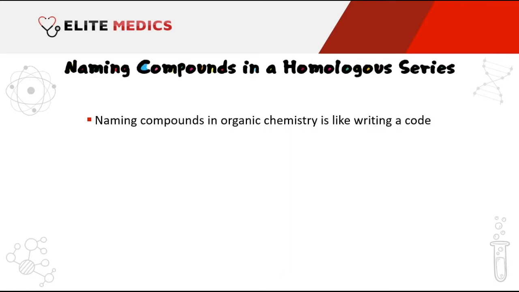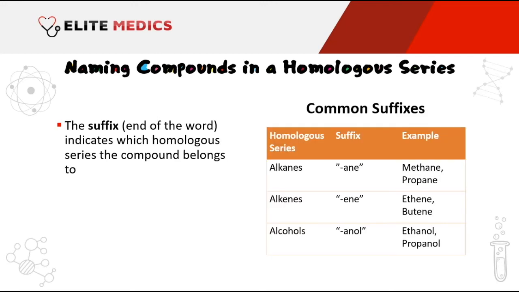Now, when we talk about naming compounds in a homologous series, this is the nomenclature I was referring to. Naming compounds in organic chemistry is like writing a code. So the suffix, which is the end of the word, indicates which homologous series it belongs to. Okay? So what I mean to say is, if it's an ane, it belongs to the alkane group.